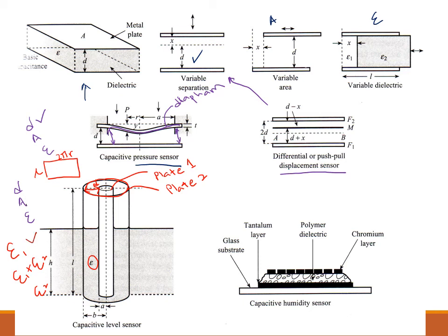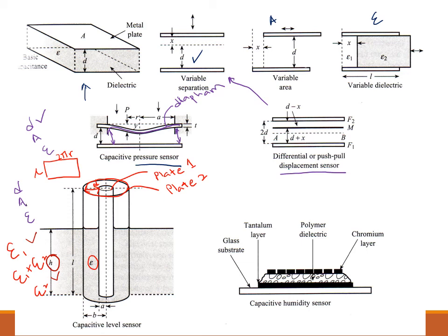But when half of the tank has liquid plus air, then it will be epsilon 1 plus epsilon 2. Or when the tank is full of the liquid, then it only consists of epsilon 2. So the area will change based on the height of the liquid at that level. So that's how it becomes a level sensor.